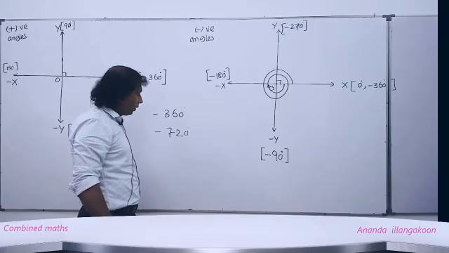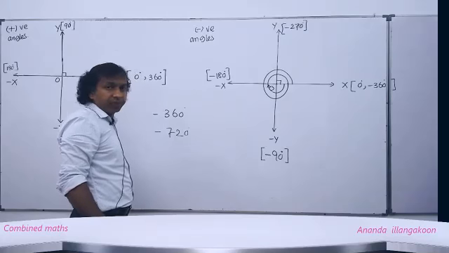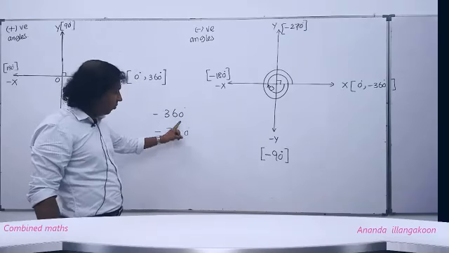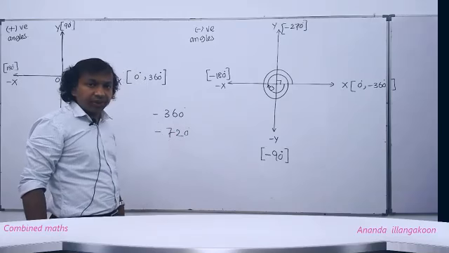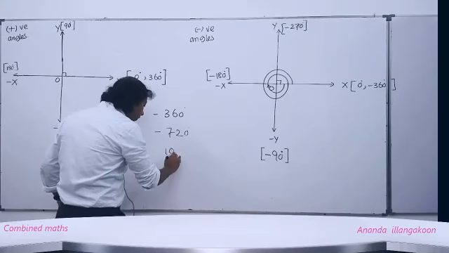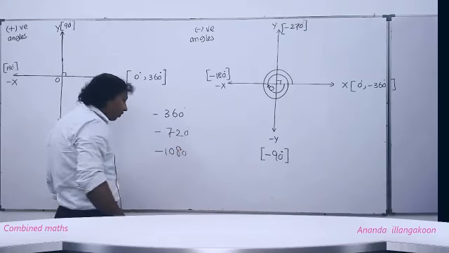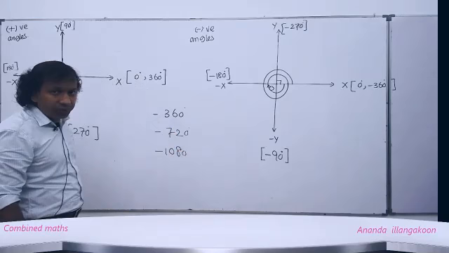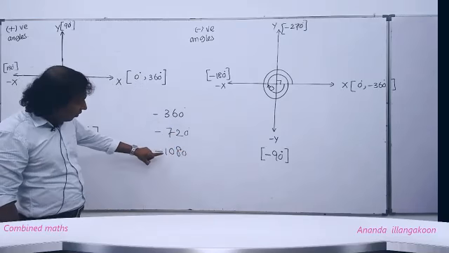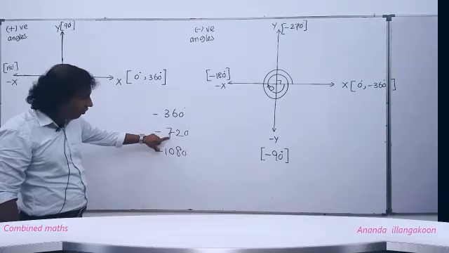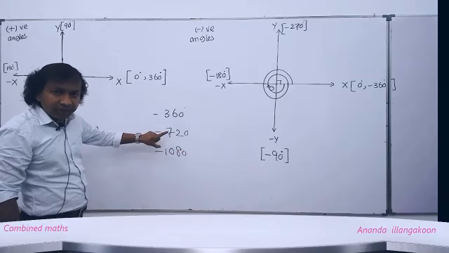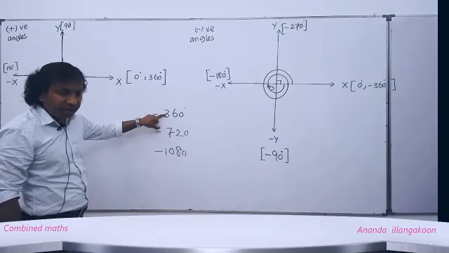Then third round, people, 720 plus 360. What do you get? 1080, also minus. People, now you can see 1080 with the minus sign is smaller than this.